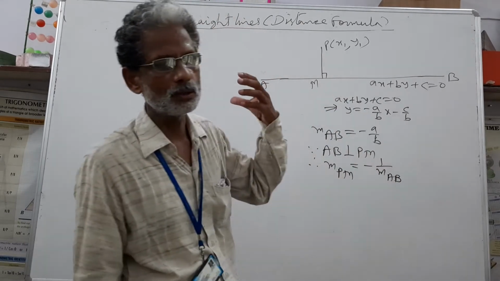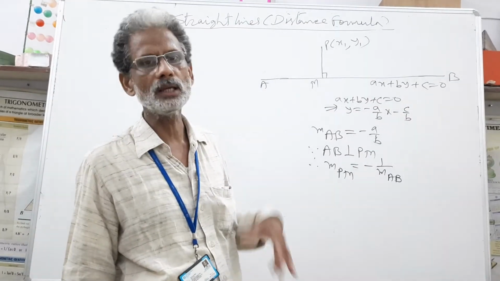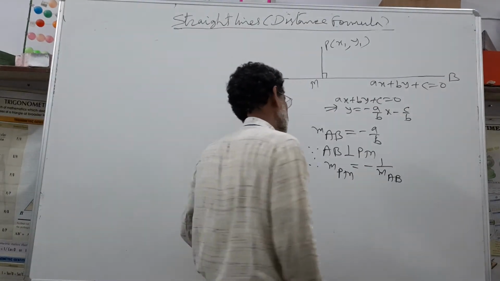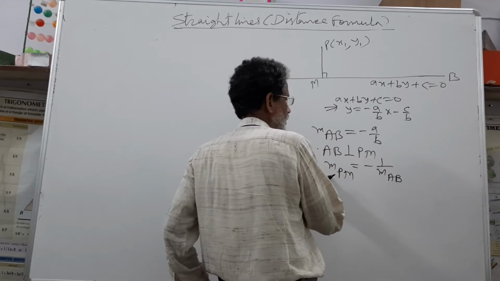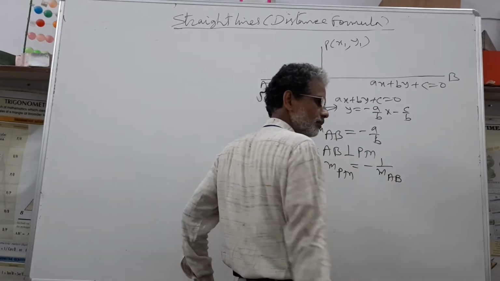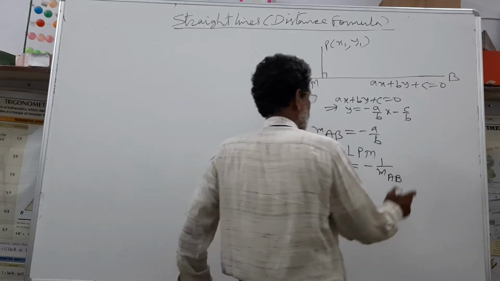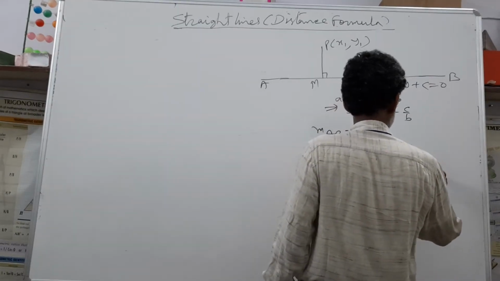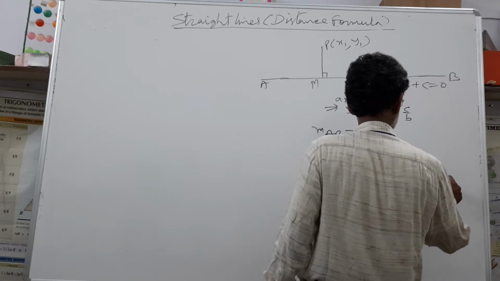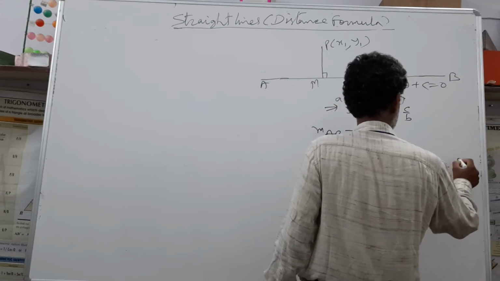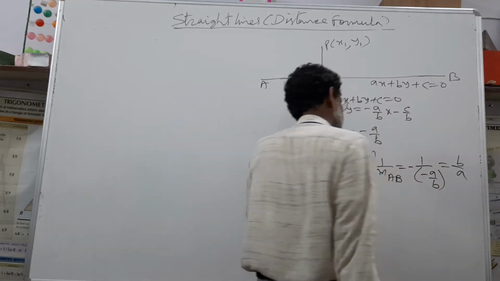If m1 times m2 is equal to minus 1, then the lines will be perpendicular. That is, m1 is equal to minus 1 upon m2. Here, m2 is equal to minus 1 upon m1, which is equal to minus 1 upon minus A by B, which is equal to B by A.